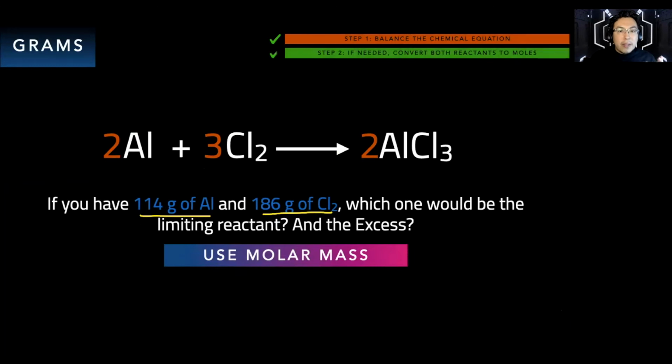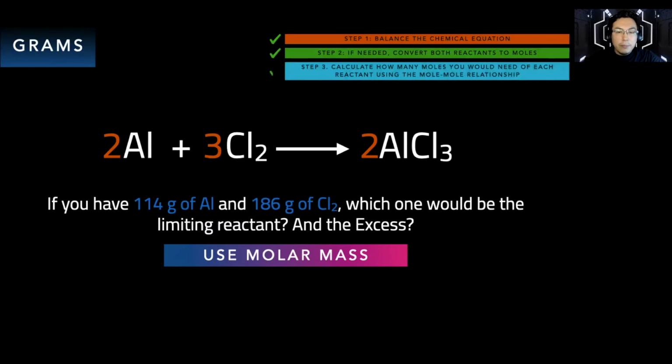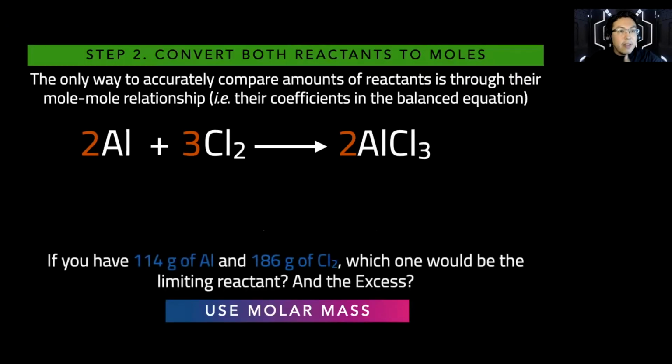But after this, we need to convert into moles first. We cannot work with grams to find the limiting reactant. We first need to change to moles so we can find the ratio according to our chemical formula. And for that, we need the molar mass. With the molar mass, now we can continue and find the relationship between these two.